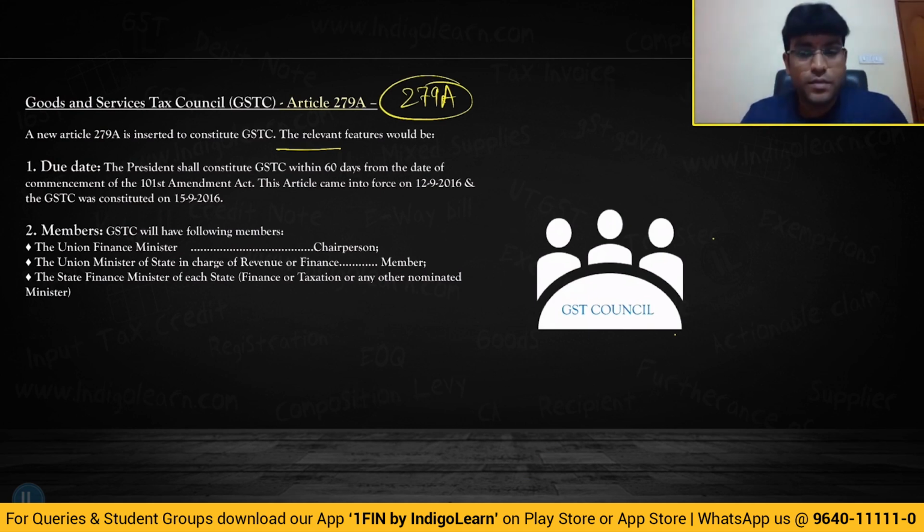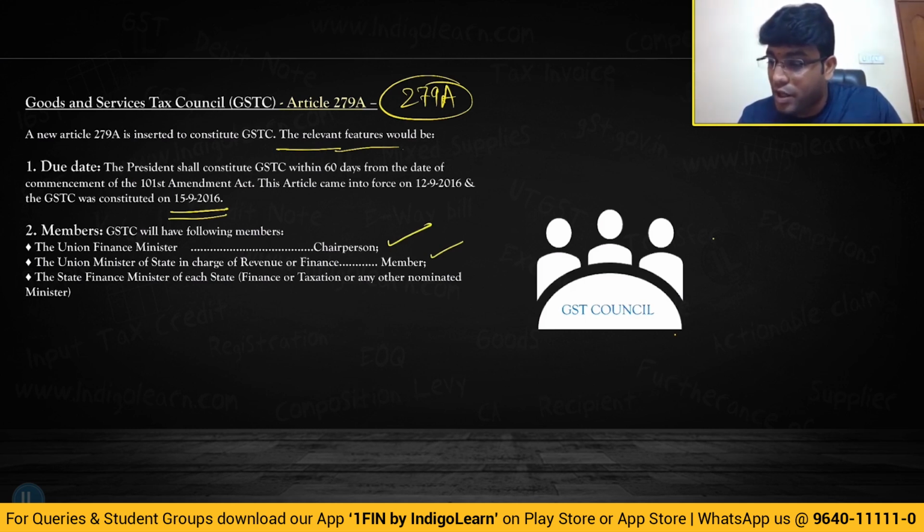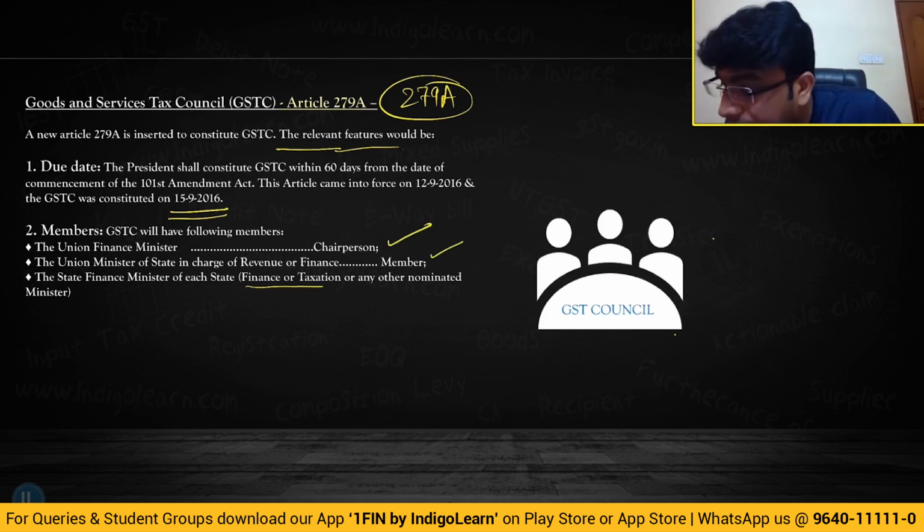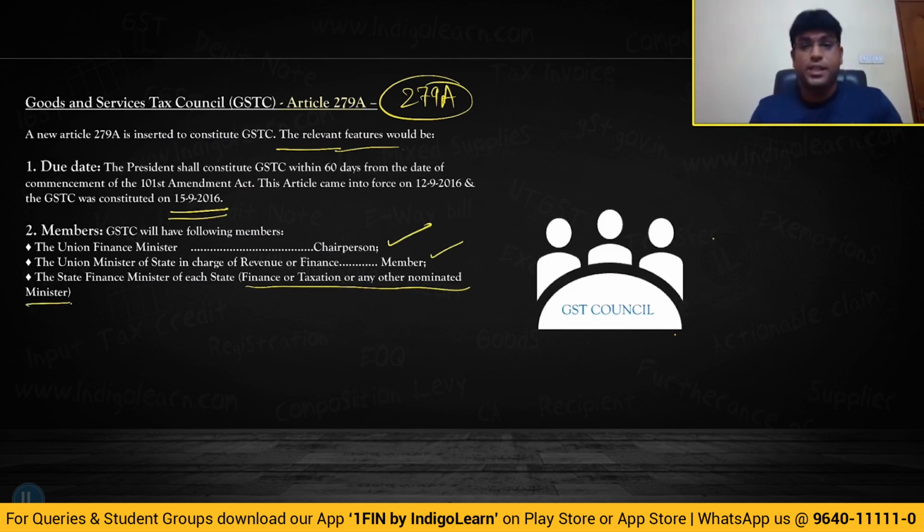A new Article 279A is inserted to constitute the GST Council. What are the relevant features of this? It was constituted on 15th September 2016, and what are the members? The Union Finance Minister will act as chairperson, the Union Minister of State in charge of revenue as a member, and the State Finance Minister of each state, or taxation or any other nominated minister.